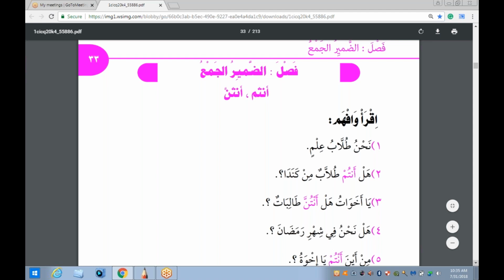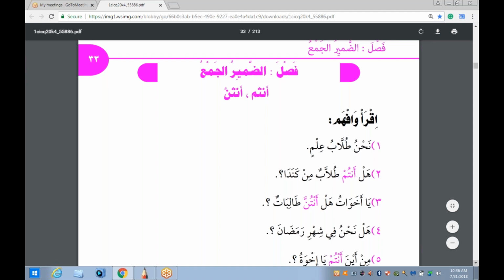Akhawat. Sister. Don't you hear the word akh, ya akhi, ya ukhti? Don't you hear that word akh that we've known over 10 years? There's no tulab, where you say students, or banat, where you say girls. It is the word akh. It's the sisters. Akhawat. Ya akhawat. Oh, sisters.